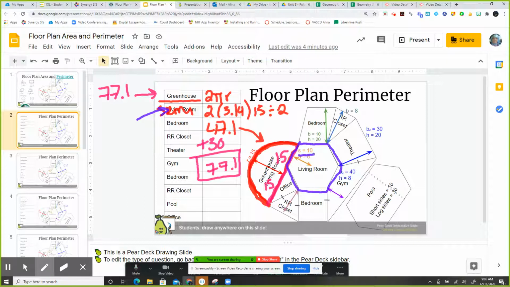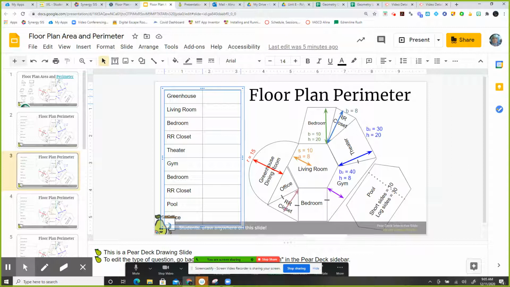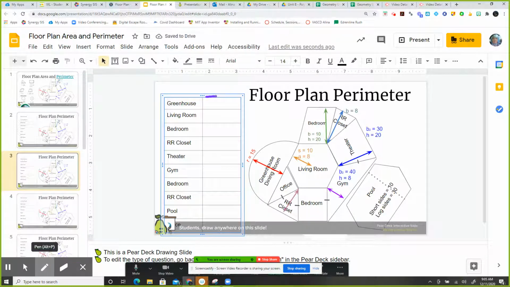So 6 times 10 equals 60, right? So we've done the greenhouse, we've done the living room. I've got 77.1 and 60. Let's go to that bedroom, that green bedroom.